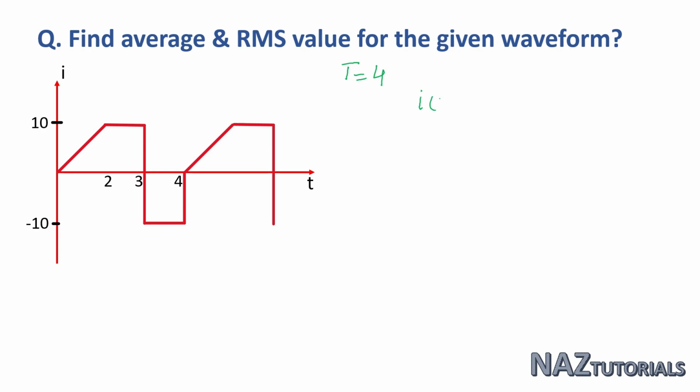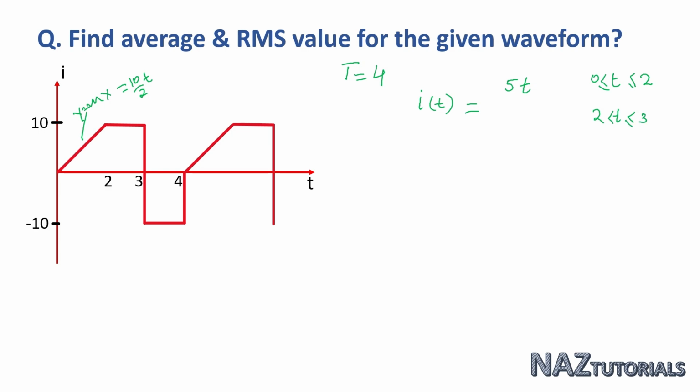Now see the current values. For 0 to 2 second, it is a ramp function, and the slope is 10 by 2, that is 5 into t. The equation is y equals mx, where m is 10 by 2, into t. Now see the value for 2 to 3 second.